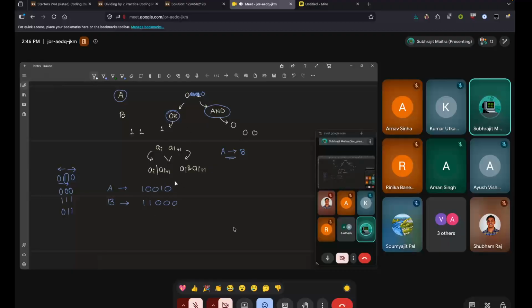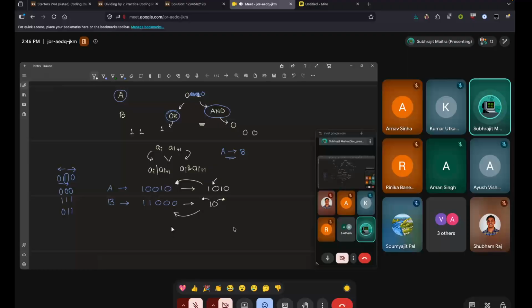If I compress this A, I can tell that it is 1010, because I can assume that somehow I have applied these operations and stretched this 0 on the left side and made this. Also, this one I can compress into 1 and 0. What I can think is that by applying some operations, I have stretched this 0 on this side and this 1 on this side and got up to here.